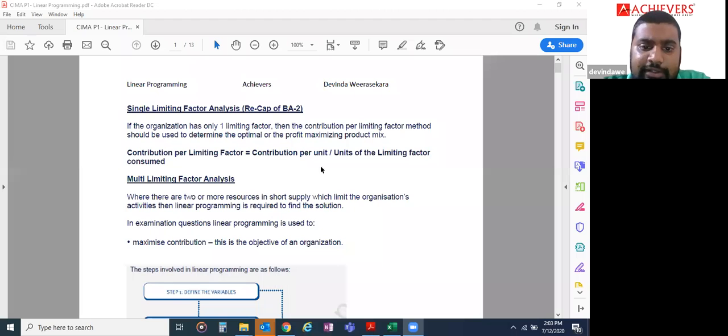So we went through linear programming, guys. We did the first steps. We completed everything up to the point of drawing the graphs, right? The final step we did was obtaining the coordinates. So what I want you all to do now is to take a few minutes and go through the linear programming area that we did.